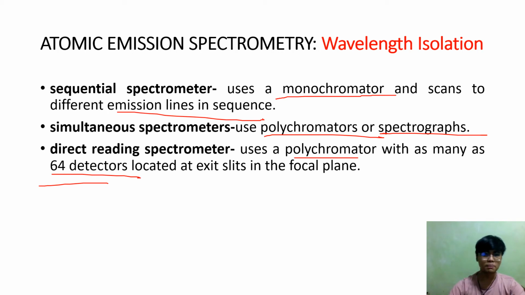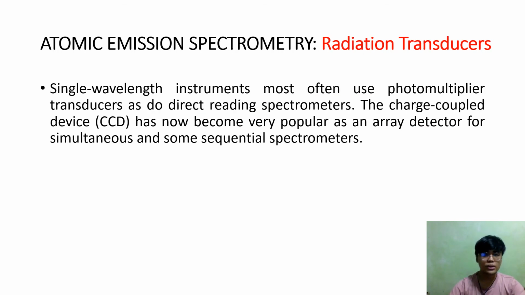The dispersive devices in these spectrometers can be gratings, prism combinations, and echelle gratings. Simultaneous instruments are usually more expensive than sequential systems. For the radiation transducers, single wavelength instruments most often use a photomultiplier transducer as a direct reading spectrometer.